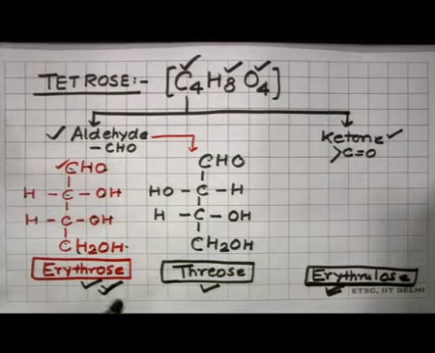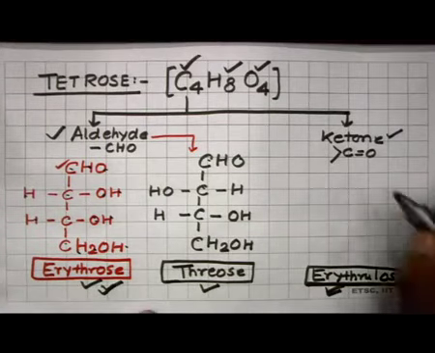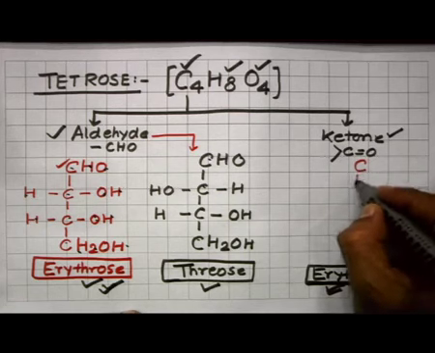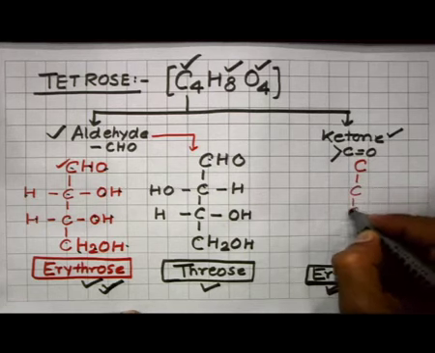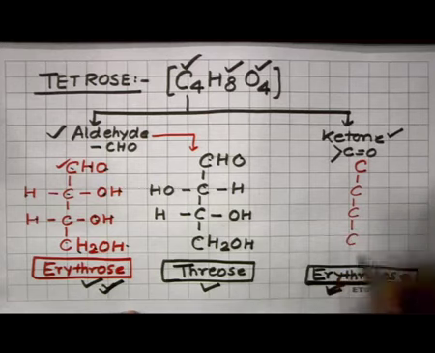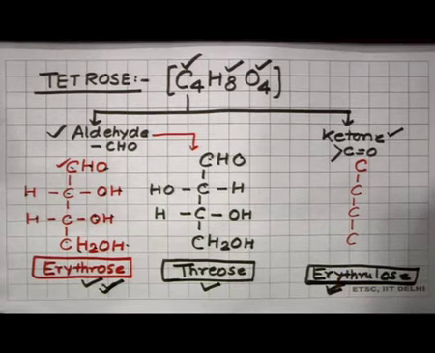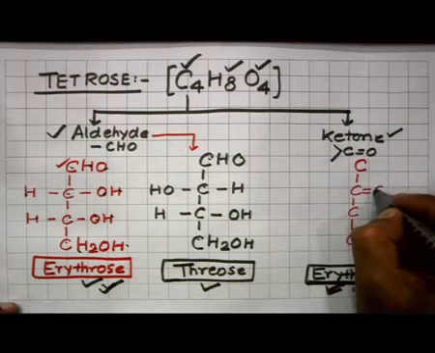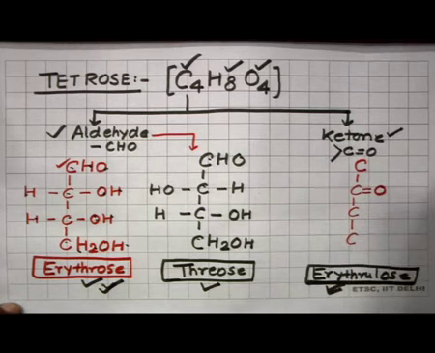Now, you can write the structure of erythrulose, that is carbon 4, 1 2 3 4. Now, in which position is the carbonyl group present, the CO group, that is 2, very good. At the 2 position the carbonyl group is present.